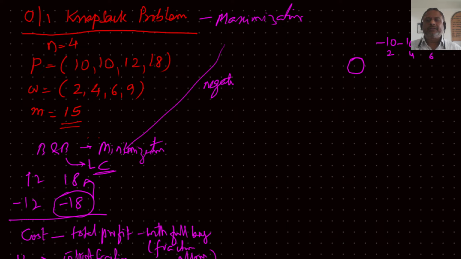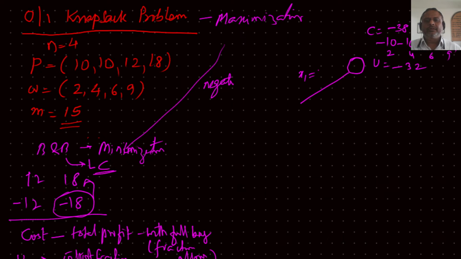Now 2 plus 4 plus 6 is 12, and we are left with only 3. So of the fourth item we can add only 3 units. So the cost will be minus 10, minus 10, minus 12, minus 6, that makes minus 38. In reality that fraction cannot be added, so the upper bound is minus 10, minus 10, minus 12, that is minus 32. This is talking about using all 4 items.